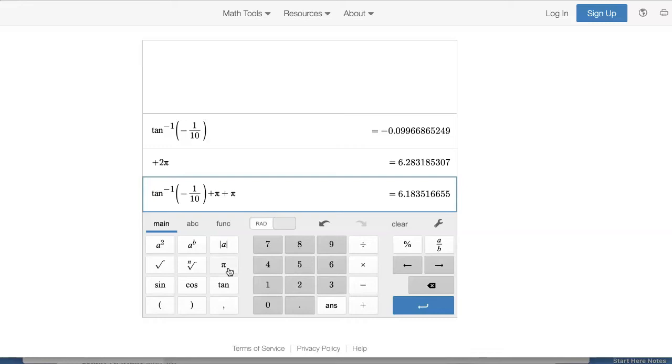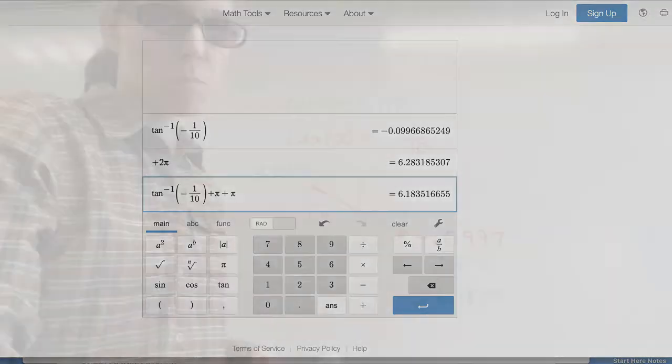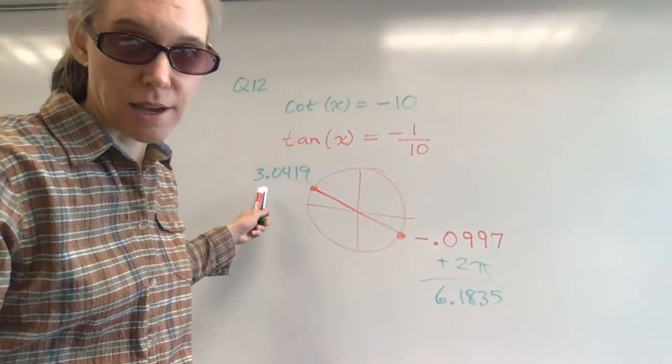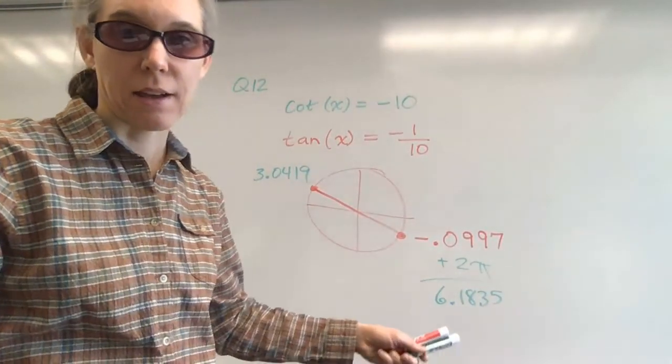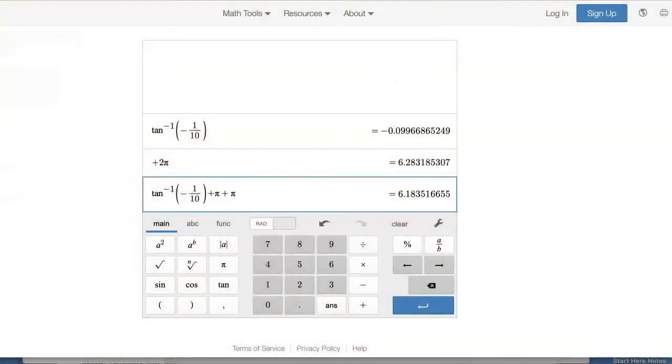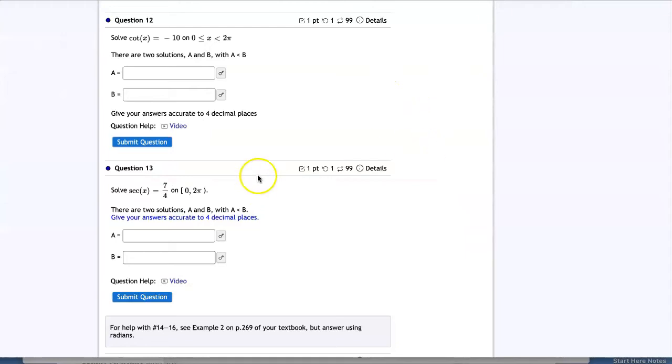So first I added my first pi and got 3.0419, and then I added pi again and got 6.1835. Now when I go back to here, you can see these answers, 3.0419 and 6.1835, just as I had found. So that's how you do a cotangent problem.